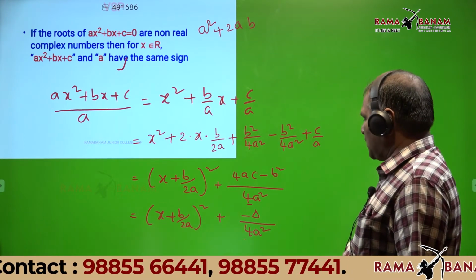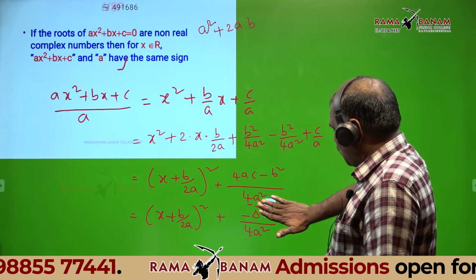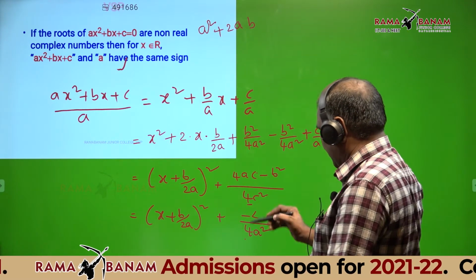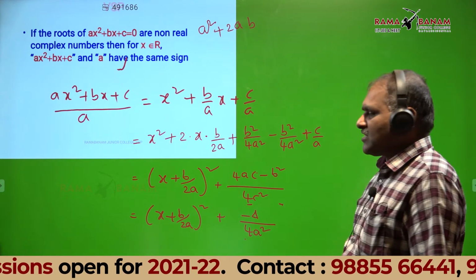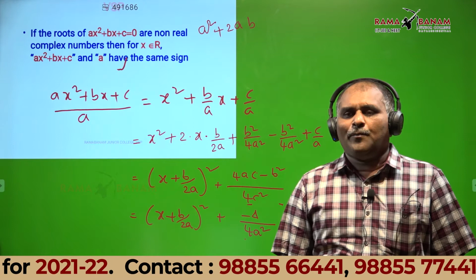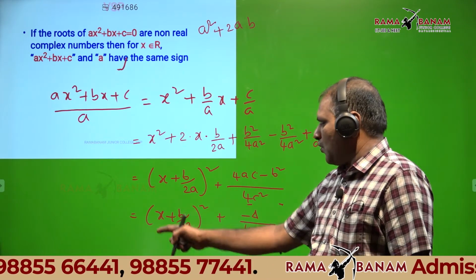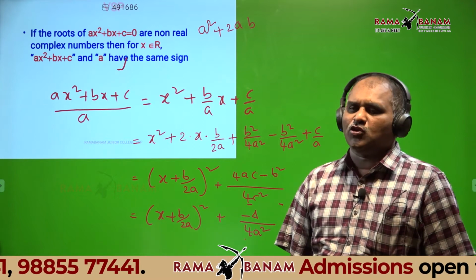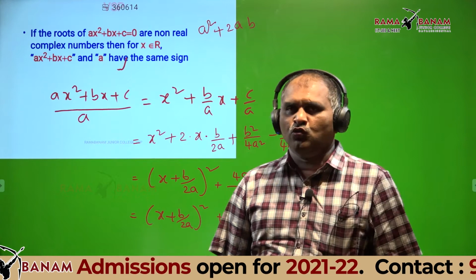Therefore, by observation, suppose minus delta is positive. Minus delta positive means this is positive, positive. What is positive plus positive? Positive.